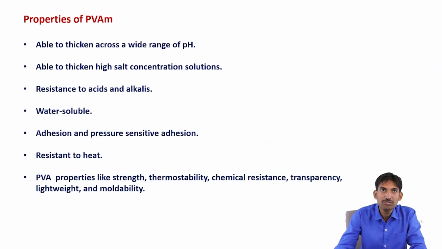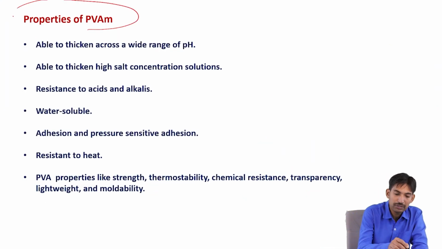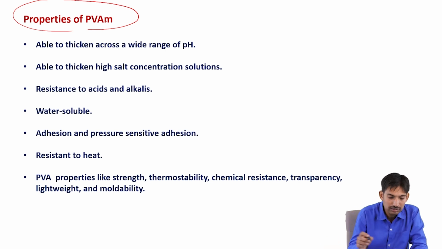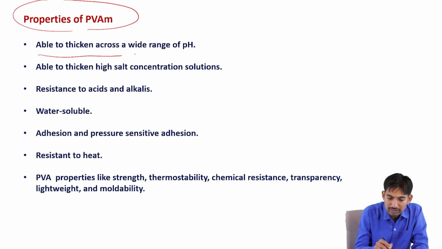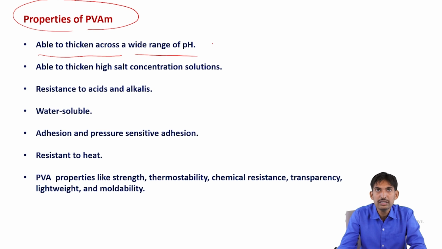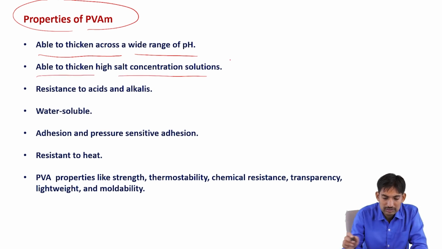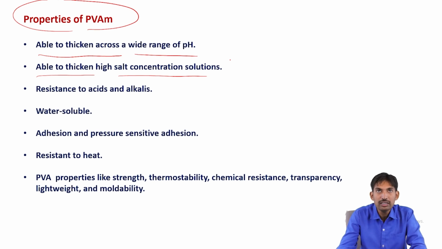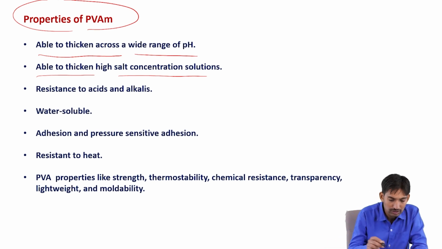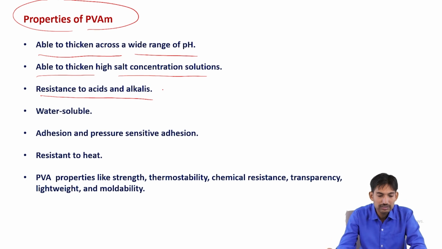The properties of polyvinyl amide: it is able to thicken across a wide range of pH, and able to thicken high salt concentration solutions. It is resistant to acids and alkalis.